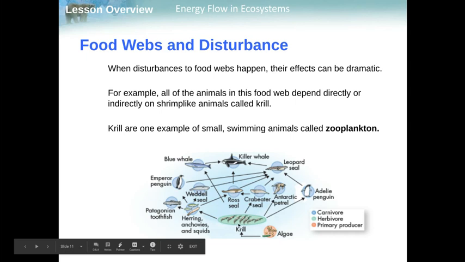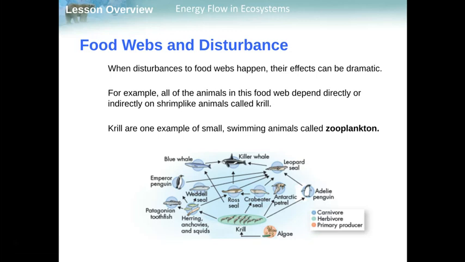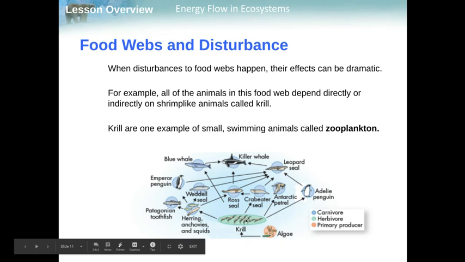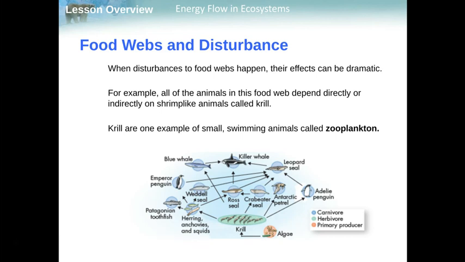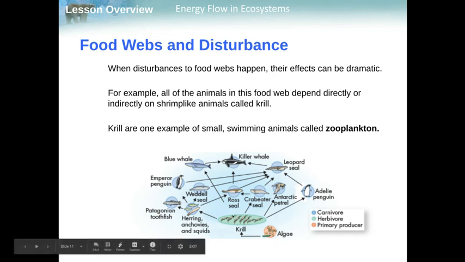Now, krill, they're tiny swimming organisms. They look like shrimp, and some of the largest animals in the ocean, whales, this is what they feed on. Now, these tiny organisms, that are the size of your thumb or smaller, a blue whale, the largest animal on Earth that we see right here, we see this arrow going straight to it.